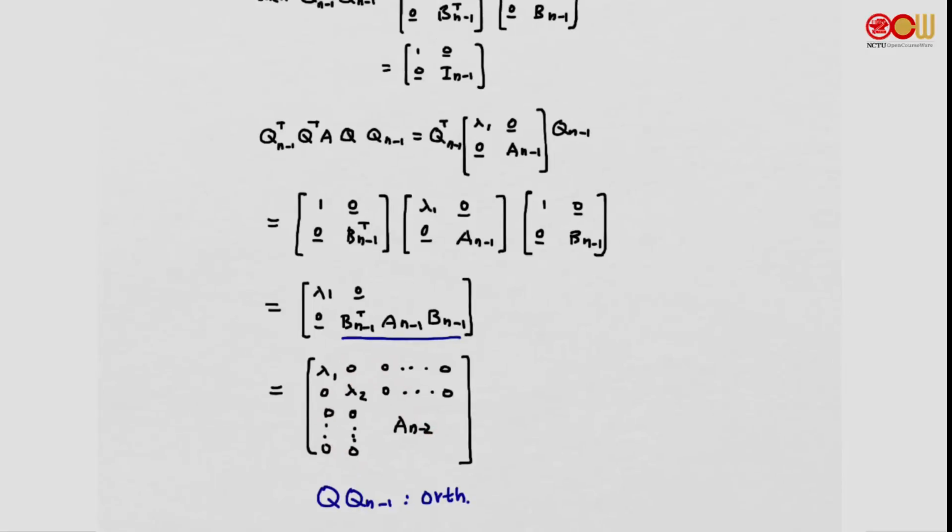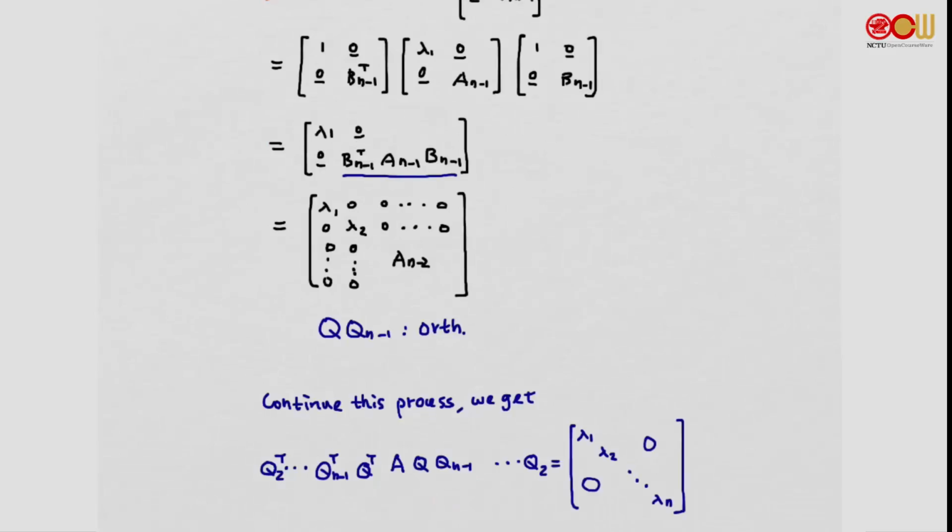And the matrices that we have on the two sides of A are again orthogonal. This product is orthogonal. If we continue this process, we continue to construct Q_{n-2}, Q_{n-3}, all the way to Q_2, then we will get a diagonal matrix on the right hand side.